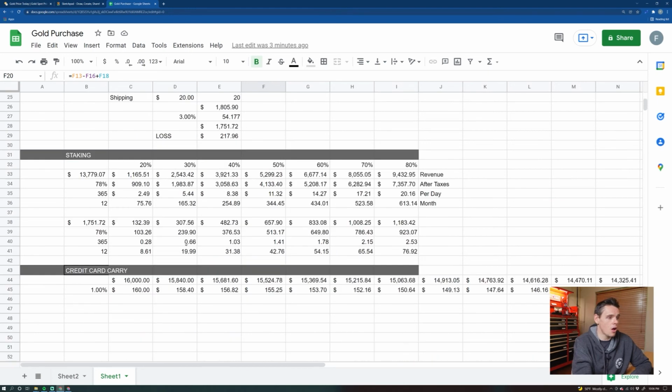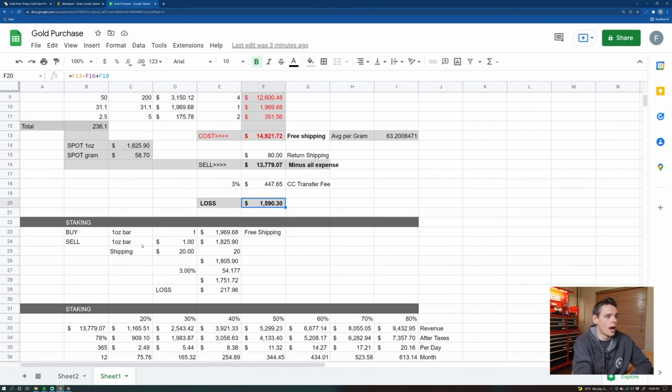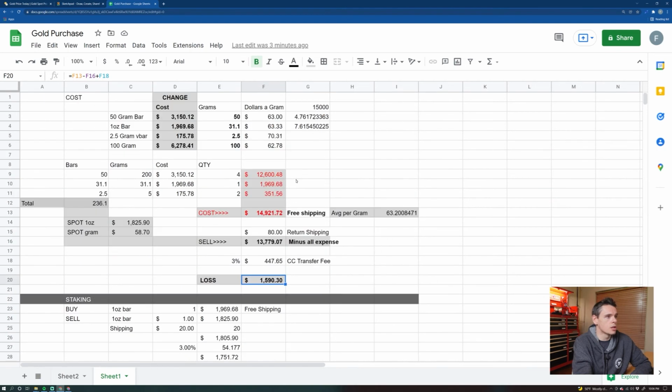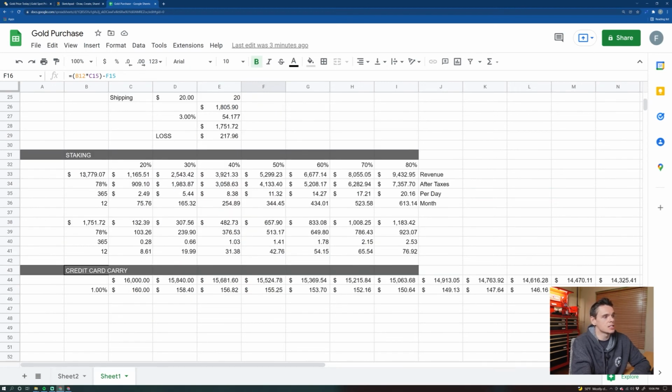So once I have that loss, I took that and started to plug in how much I could make back. So I took this number, this is the amount of cash I have, right? 13,779, and I started to see what staking it would do. And this is the raw number, straight up at 20% a year. So at 13,000, you'd walk away with about 1,100 bucks.